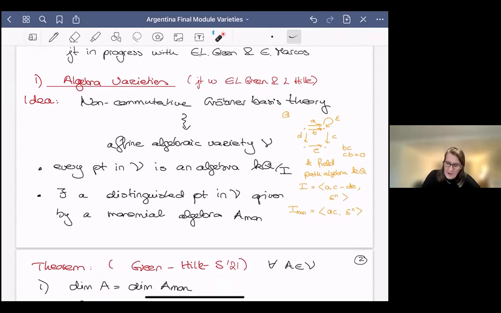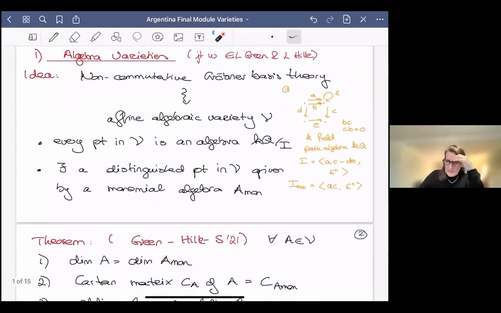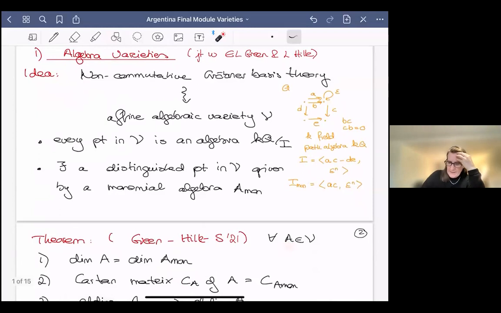Well, then they're all finite dimensional because all the dimensions of all the algebras in the variety are equal, and therefore they're equal to the dimension of the distinguished point, the monomial algebra. Okay, what else? So all the algebras, so if A is an algebra inside one of our varieties, have the same what is called Cartan matrix.